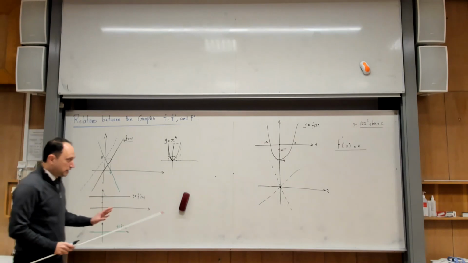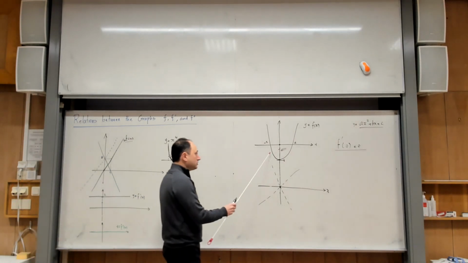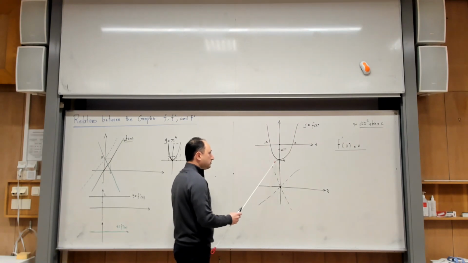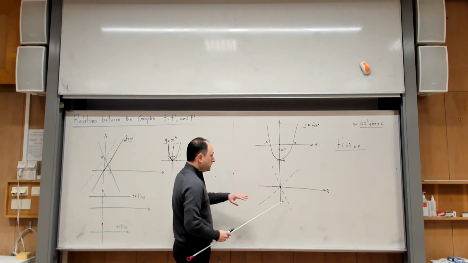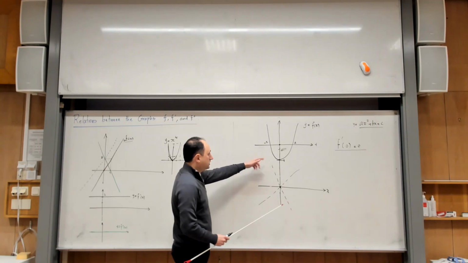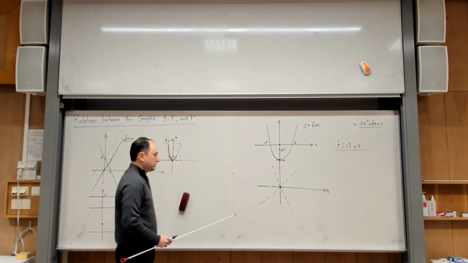Because we realized that this is second degree. Its first derivative should be a line, and we convinced ourselves that this line has to pass through the origin. But we can consider two types of lines: the lines with positive slope, the lines with negative slope. By looking at this function, which one do you think is a good choice for that?